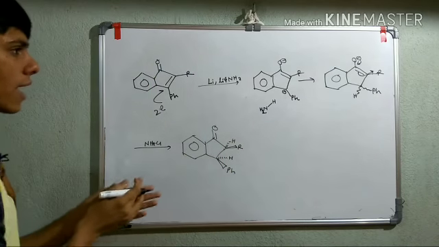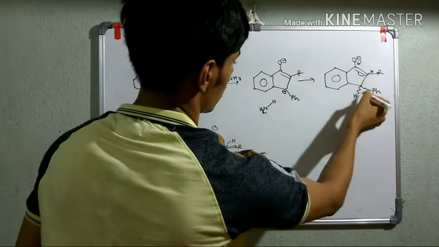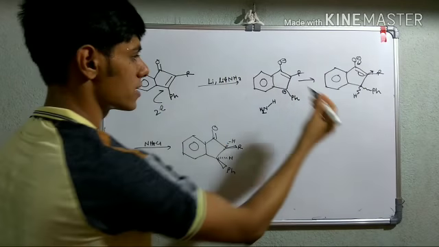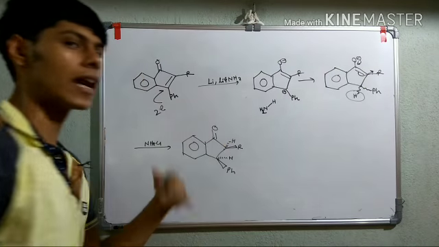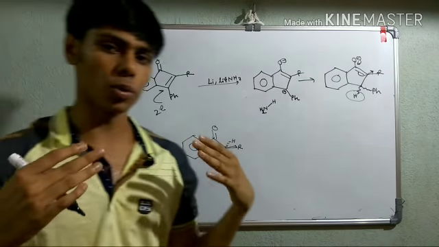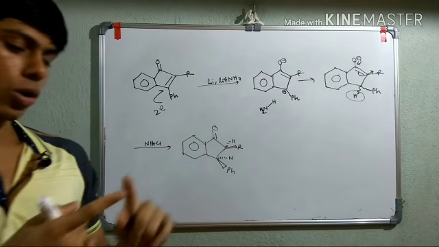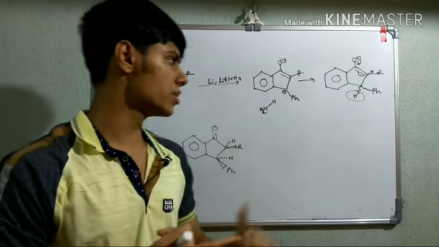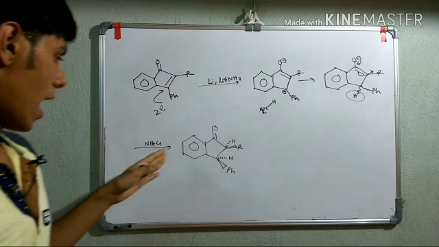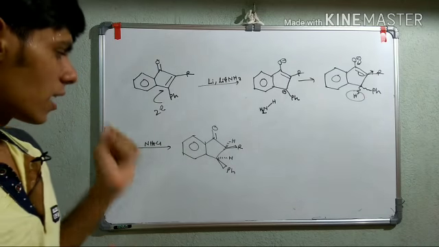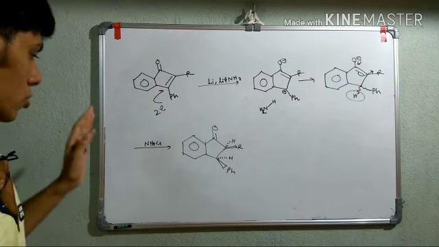What is observed is that the hydrogen is coming from the same side where this hydrogen is. That means while the protonation is taking place, it follows the face which is sterically less hindered, and this is the case for this compound.